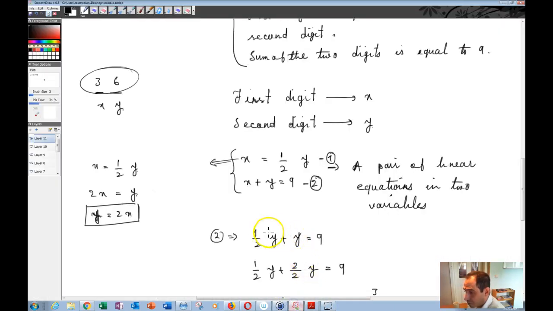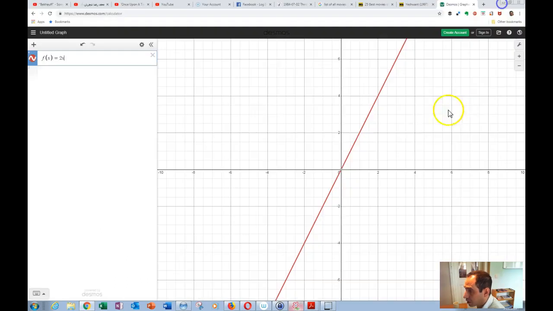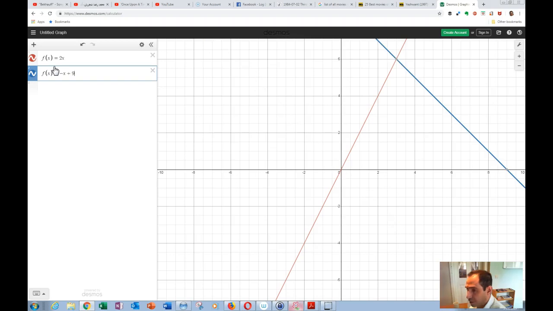And then moreover, the other equation was this thing over here, x plus y is equal to 9. So y is equal to minus x plus 9. So f of x is equal to minus x plus 9.